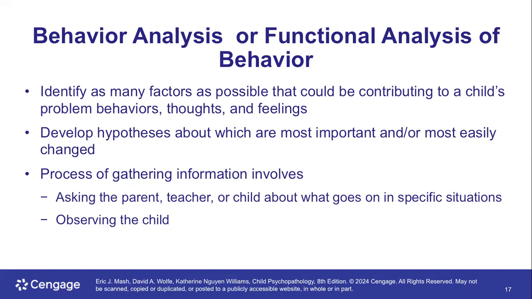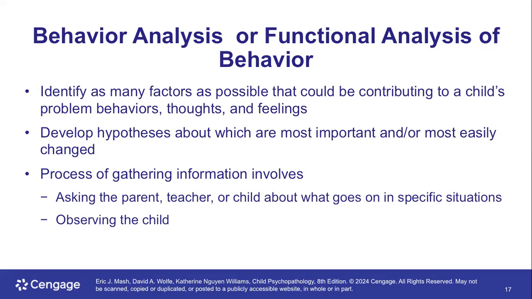So behavior changes when people feel they're being observed. And we have a way of dealing with this by doing unobtrusive measures where we might sit in the back of the room and not call attention to ourselves and observe from afar, or we might allow the child time to get used to us so that their behavior can normalize and we could see what is typical of their behavior.